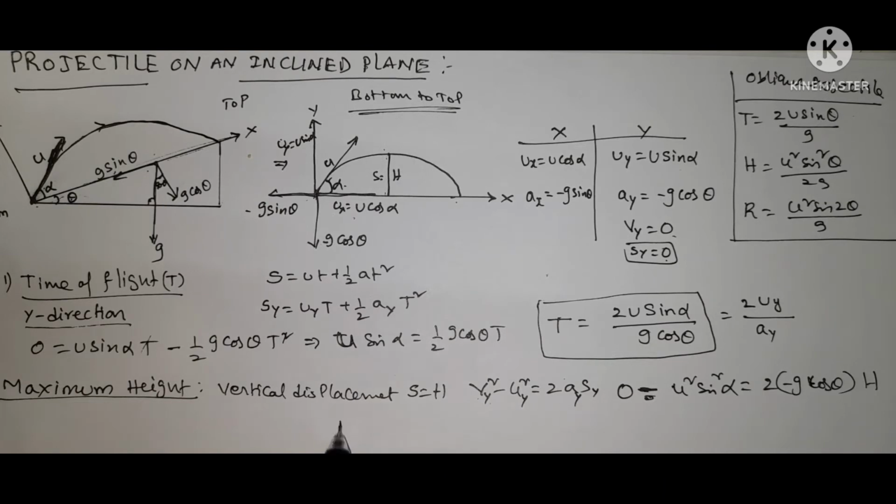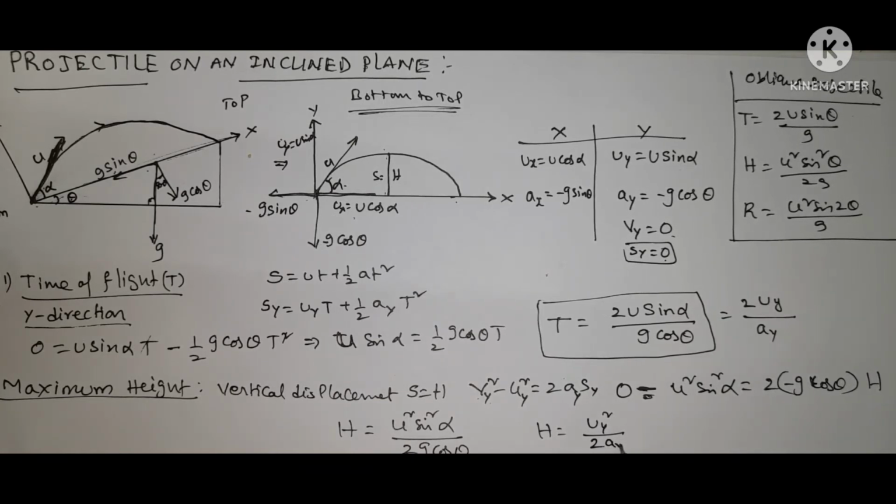From that you will get maximum height h is equal to u square sin square alpha by 2g cos theta. Or you can simply write h is equal to uy square by 2ay, since u sin alpha means uy. That's all. This is the formula for the maximum height in case of the inclined plane when an object is thrown from bottom to top.